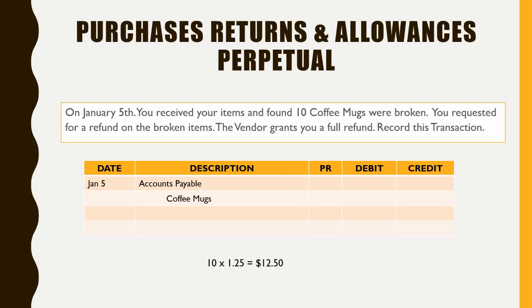So here, because we know that it's in the inventory, we just take it directly out. Everything that goes into inventory, you're going to take out of inventory. So that is correct. You're going to take it out for $12.50. See? Much easier, right?